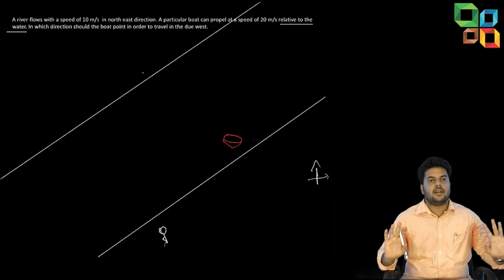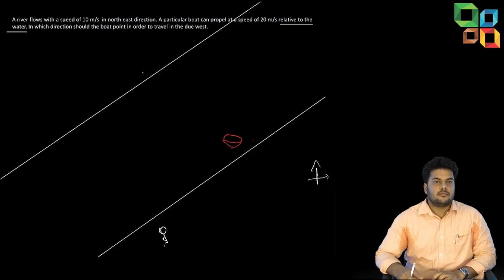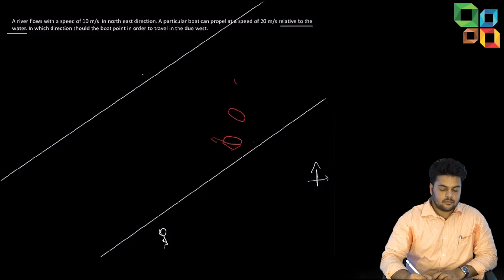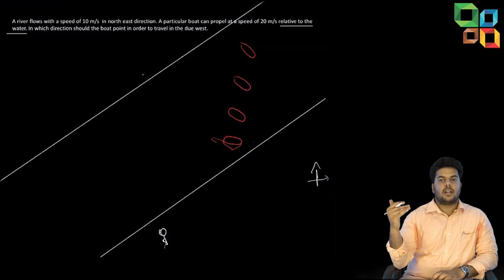Okay. So my boat will still be pointed like that and is still trying to move to that side. But the river is pushing me along the northeast direction. So the boat will go like this. Can you imagine this? I am trying to move.